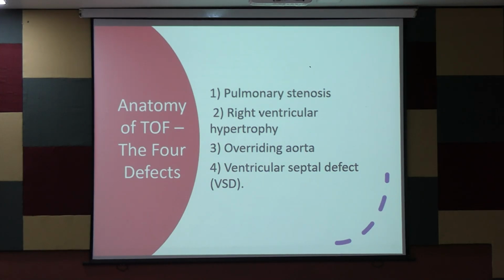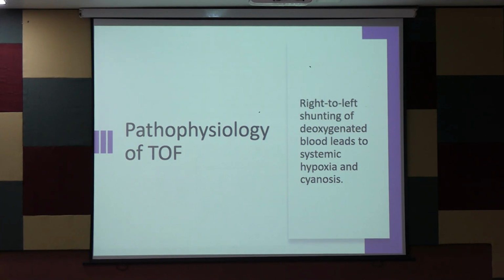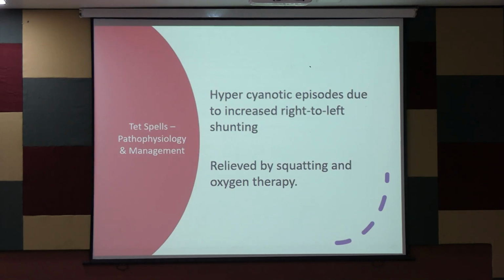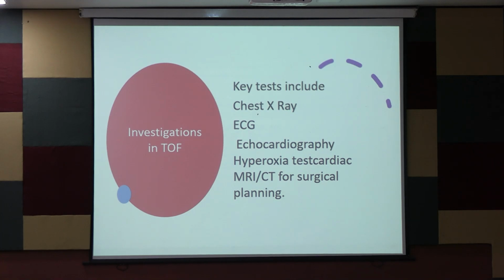After knowing so much of tetralogy of Fallot, if you fail to dictate the four components of the tetralogy of Fallot, it is very bad. That should not be done. This is also discussed, the physiology, how the blood is going to the body. I think it is also discussed.